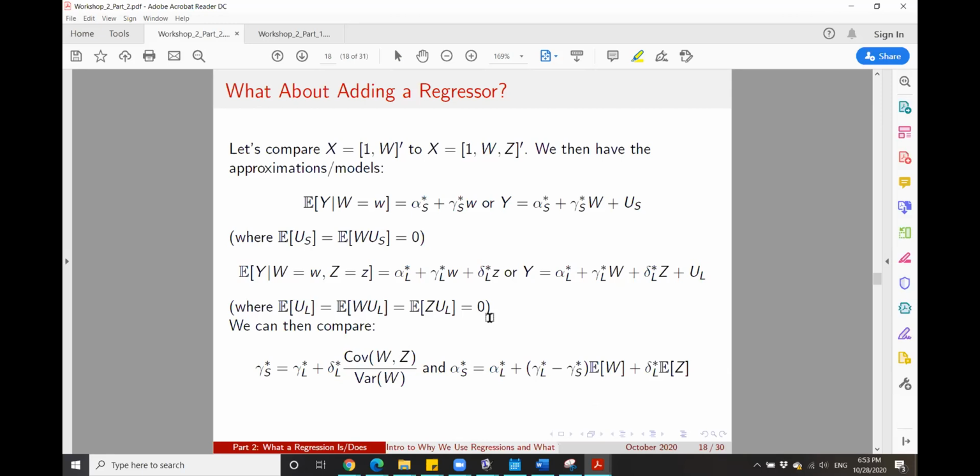However, it's important to note that there might be occasions where you don't really care so much about an omitted variable bias, or maybe you know that you're not going to be able to control for the omitted variable bias anyway. So it's good to know what this looks like so that you know what the direction of your bias should be, but it's not always something that matters, in particular if you're doing something descriptive, right?